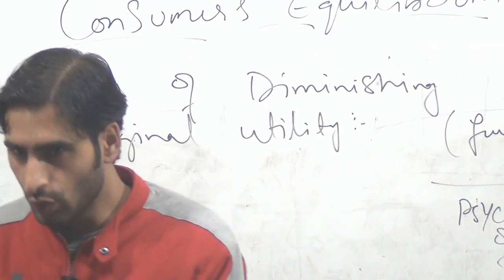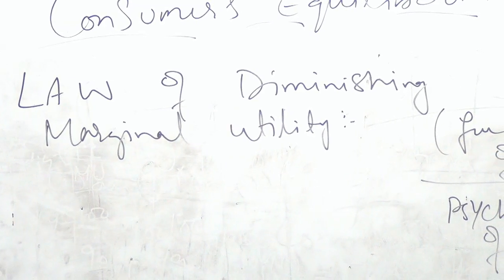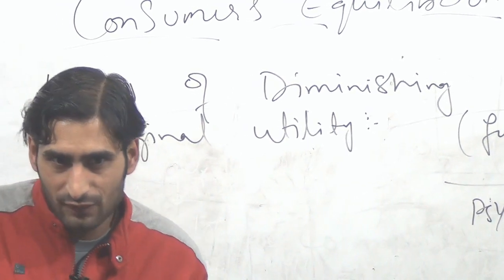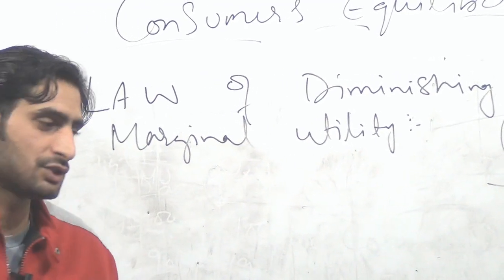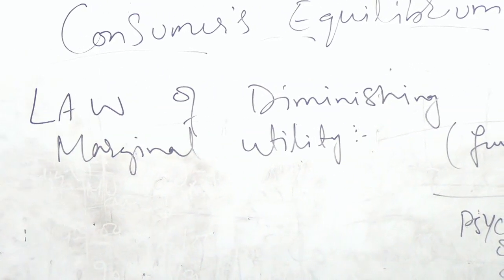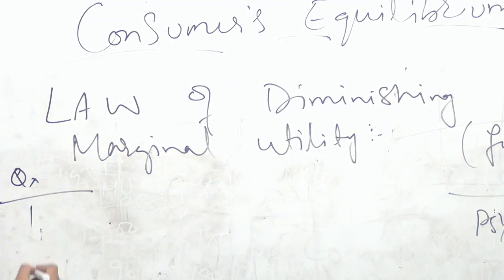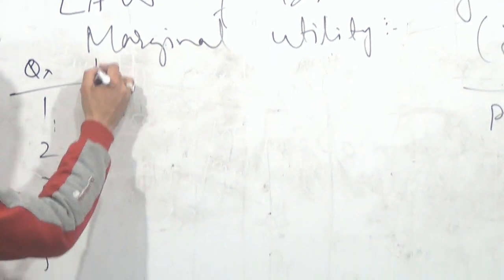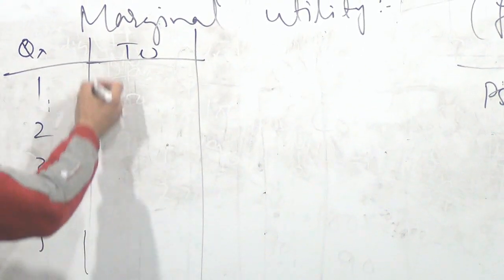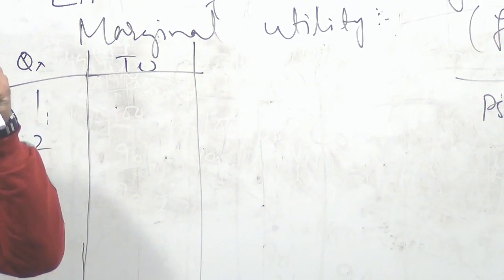As more and more units of a commodity are consumed, the marginal utility derived from every successive unit declines. As we established earlier through graphics, I can again show you a small schedule here. Quantity of X consumed 1, 2, 3, 4, 5. The total utility derived from this, what we have to establish? The marginal utility, the diminishing marginal utility.